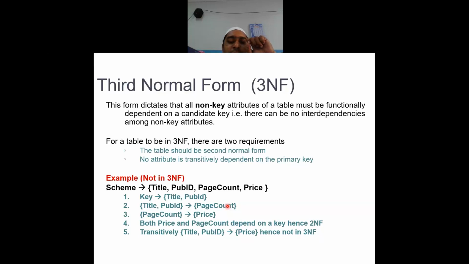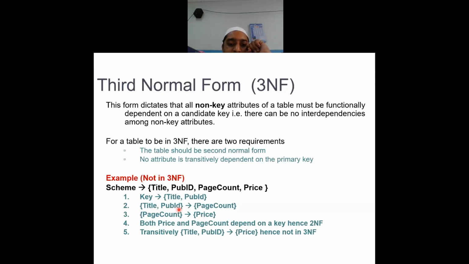For example, if I am making a book for C language, it will contain a lot of pages when compared to if I am making a book only for the new operator. Clear? So title and publication ID determines the page count, and page count determines the price. So can I say title and publication ID determines price? Yes, it may be the case due to transitive property.